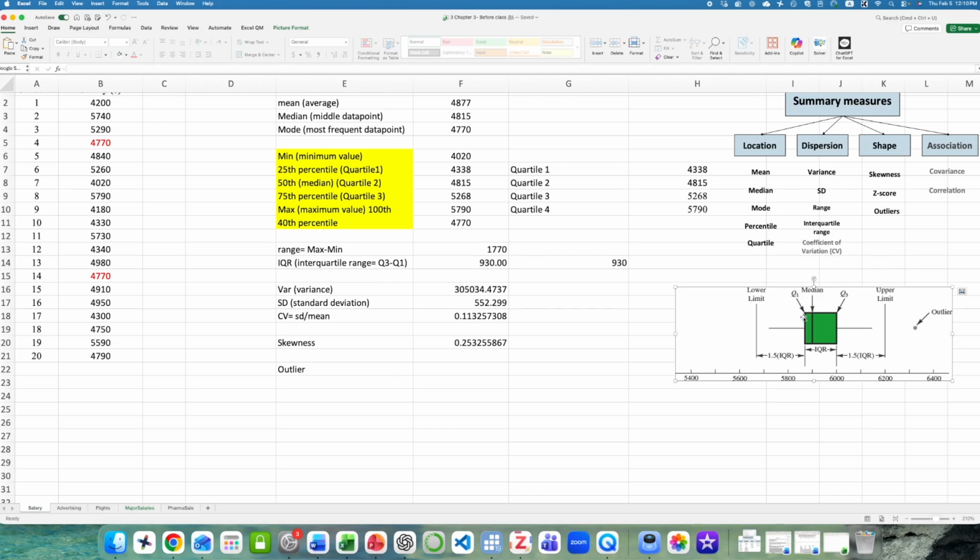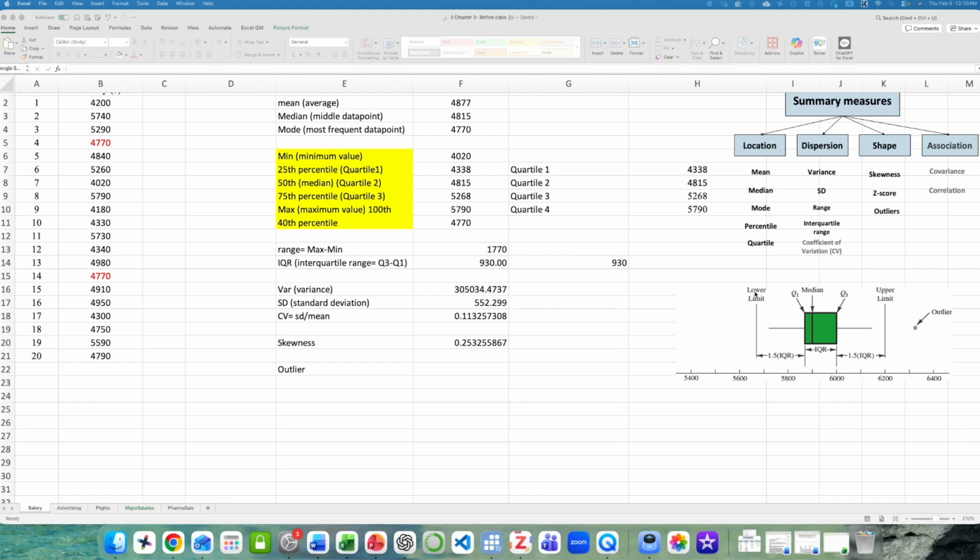We have quartile 1, quartile 2, which is equivalent to the median, and quartile 3. The idea is to calculate a lower limit and upper limit for the data and consider this interval as the normal range of the data. Any data out of this range would be considered an outlier, and outliers are the extremely high and extremely low values.